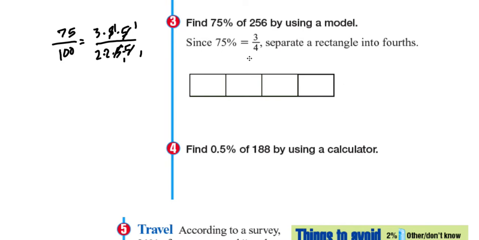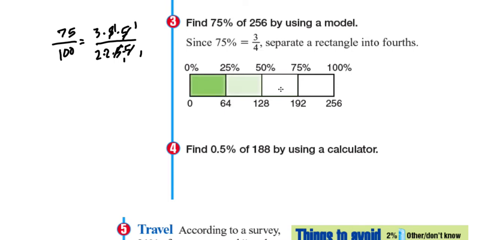Okay, separate the length into fourths because your fraction is 3/4. That means this is 0%, 25%, 50%, 75%, and 100%. And we simply divide 256 into fourths as well. So we have 0, 64, 128, 192, and 256. See how much work this is? And simply shade 3 out of the 4.